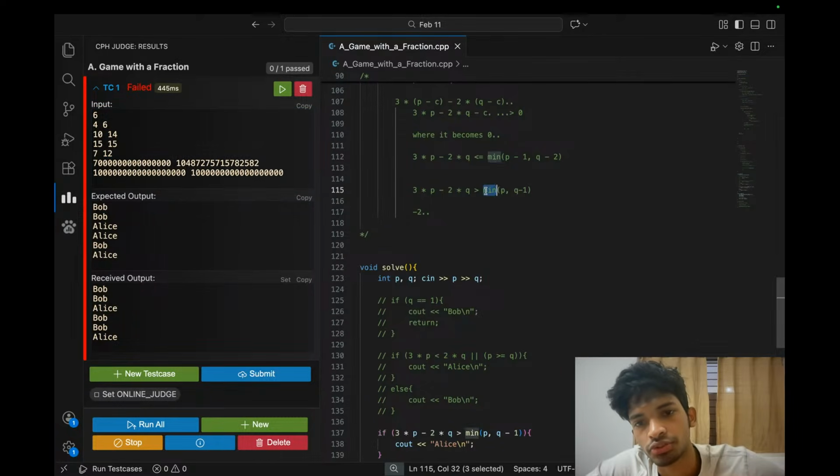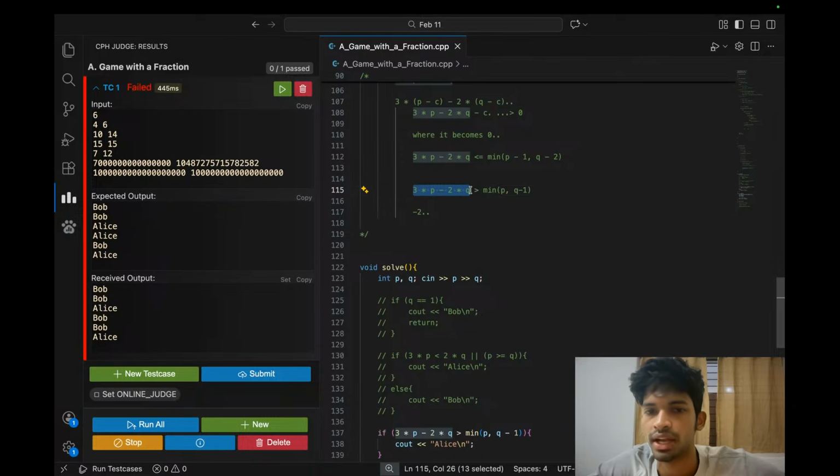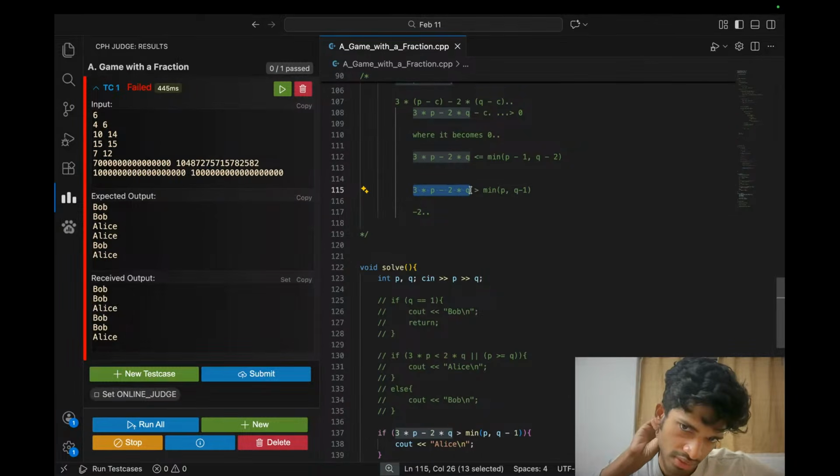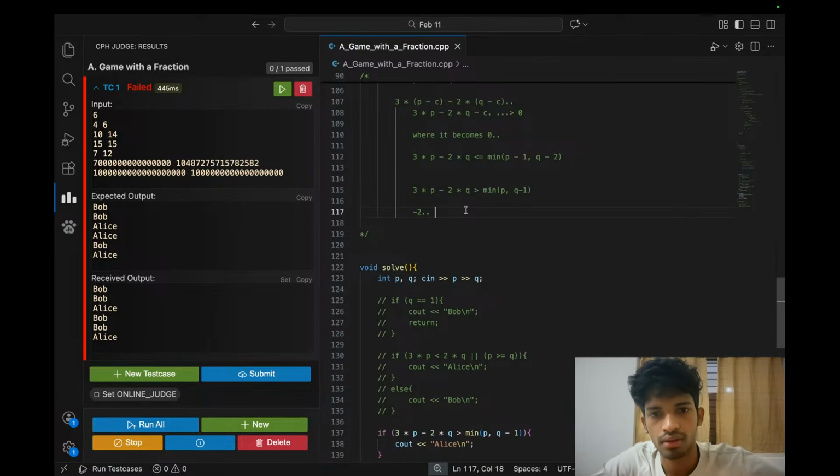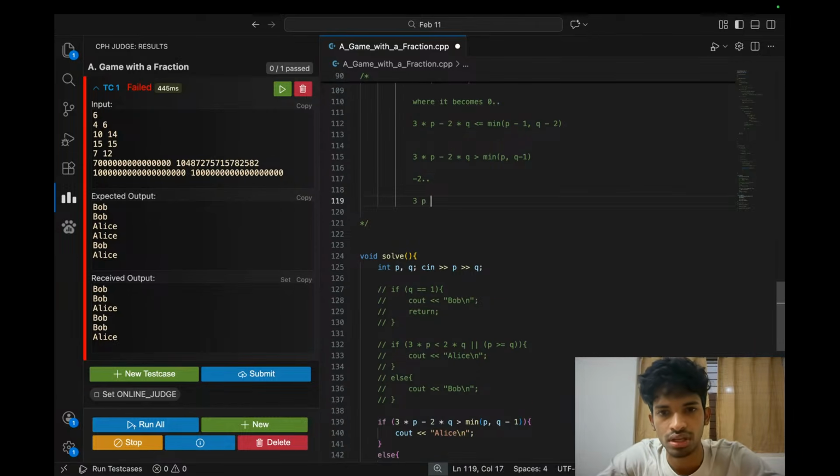Else, whatever Alice chooses, Bob will choose the opposite one and keep reducing this value by minus 1, minus 1, minus 1, minus 1. And what is the else condition? 3P minus 2Q less than or equal to min of P comma Q minus 1.